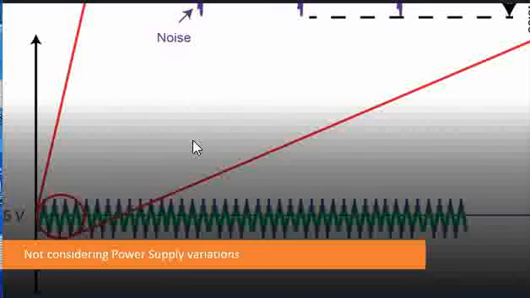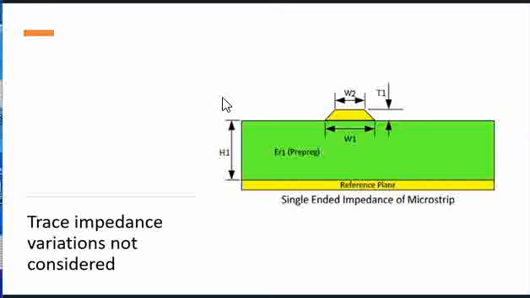This scenario has to be covered by using some methods, else the actual performance of the interface will be different from what is seen in the SI analysis. So where to consider this is one of the challenges for the signal integrity engineer.